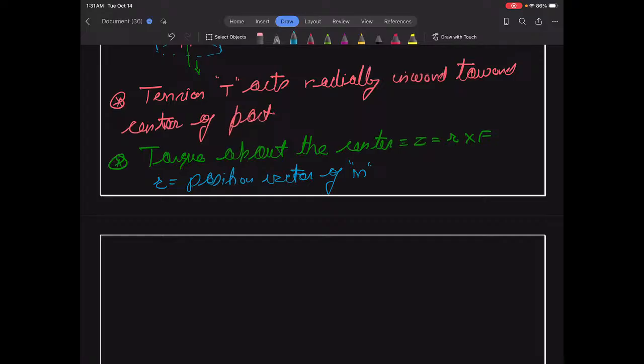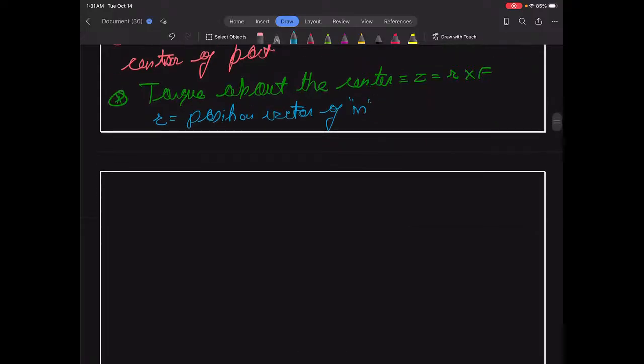This force is also parallel to R. So both this R and force will be radial.